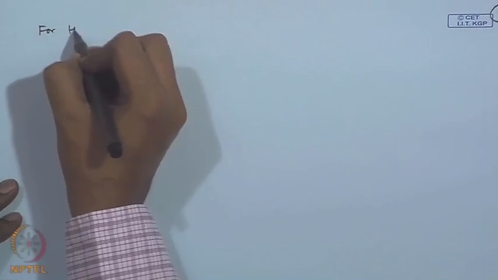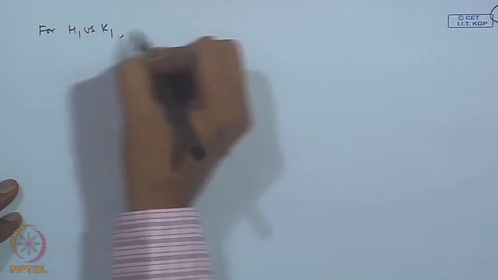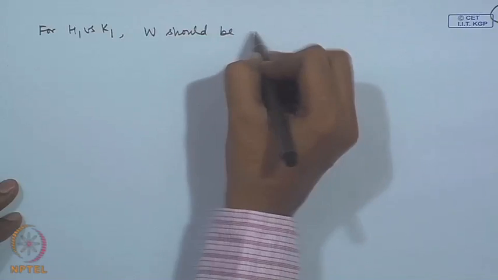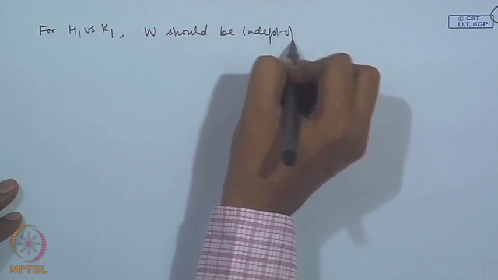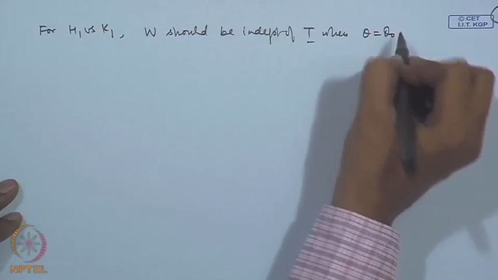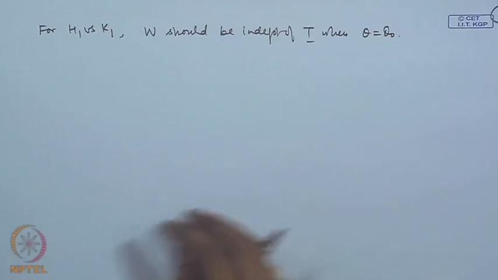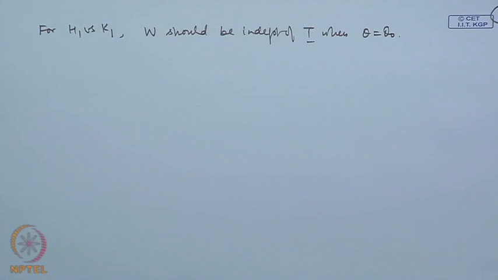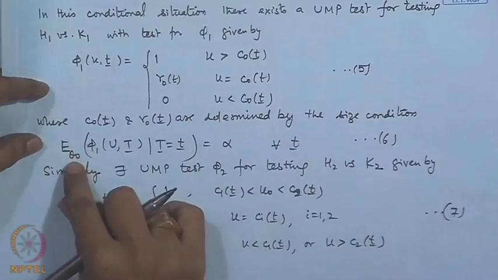Now, the conditions that we need to impose are as follows. For H1 versus K1, w should be independent of t when theta is equal to theta naught. Remember here, for the hypothesis H1, the condition was based on theta naught. If you remember the exact condition, let me recollect from yesterday's lecture, the expectation at theta naught.